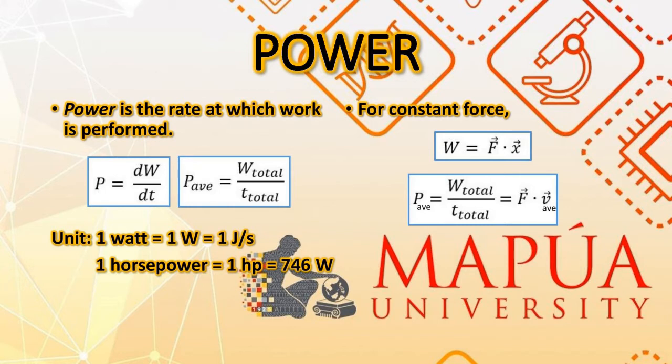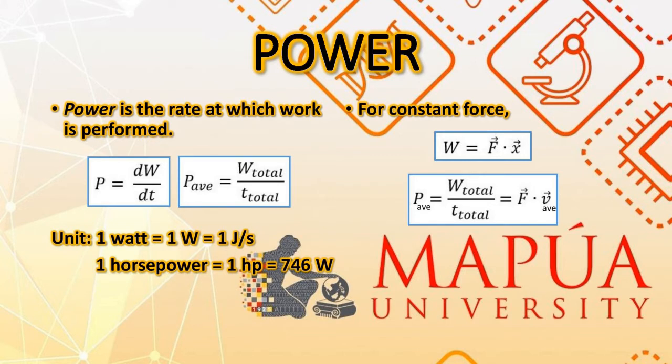So 1 watt is equal to 1 joule per second. Another unit for power that you will commonly see, particularly when talking about machines, is horsepower or HP. 1 horsepower is equivalent to 746 watts.